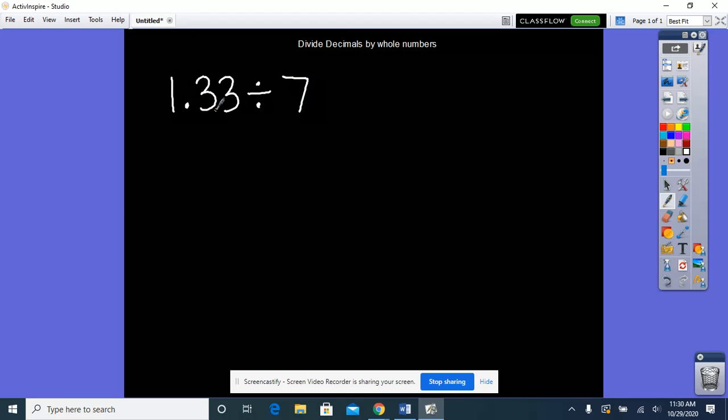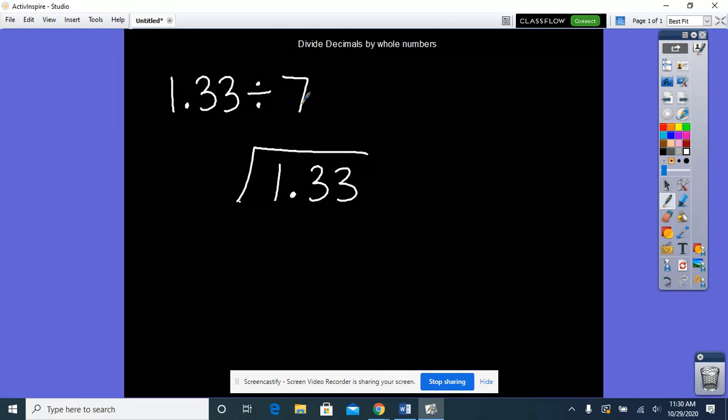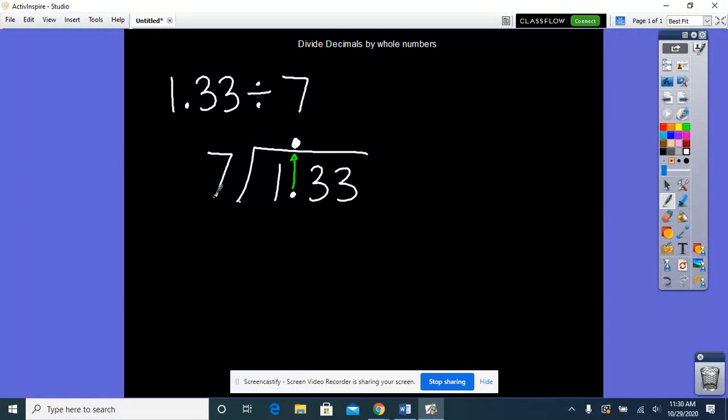So 1.33 is my dividend, so it needs to go inside the garage. 7 is my divisor, so it goes outside of the garage. My divisor is a whole number, so all I have to do is bring up my decimal point. Sorry, I'm getting ahead of myself. After I brought up my decimal point, now we can go into long division as normal.